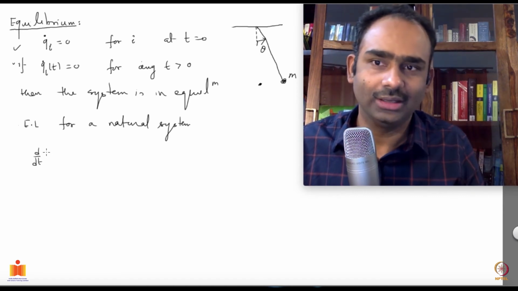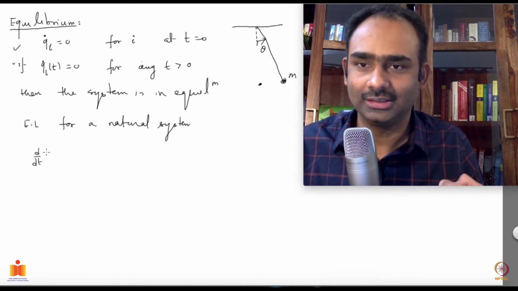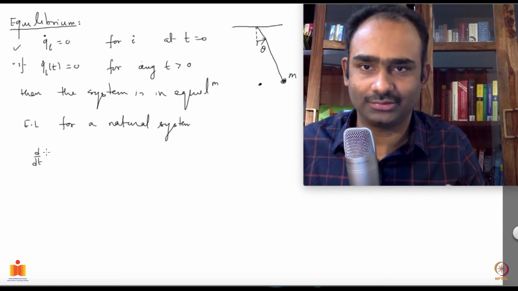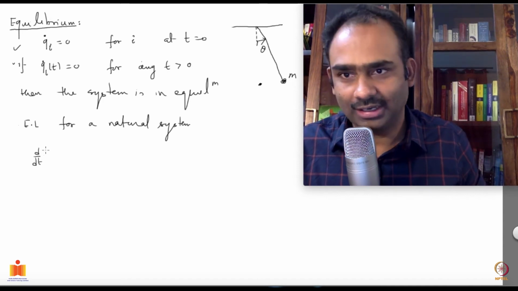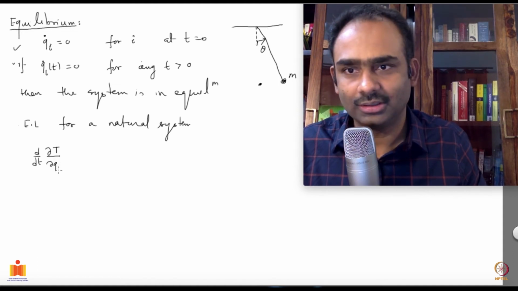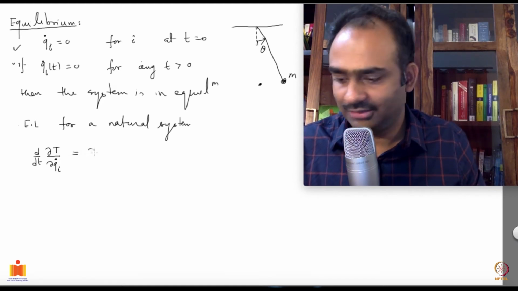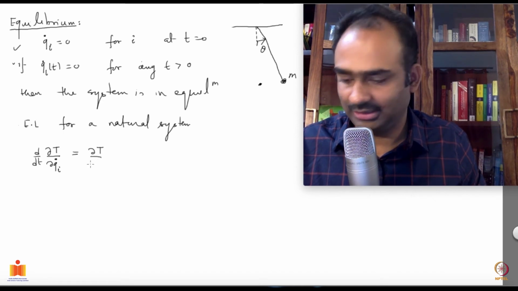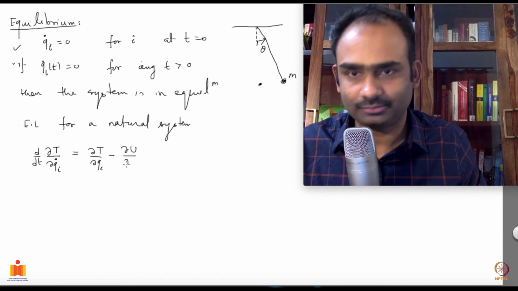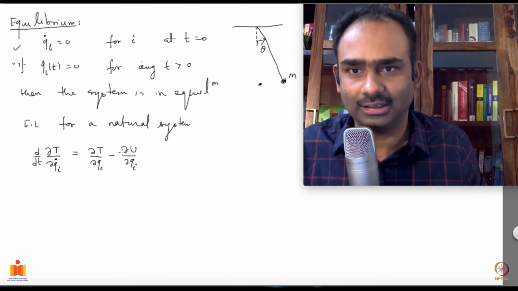But L has a T and a U, and that U does not depend on generalized velocities. That's part of the definition of a natural system. So I have only the kinetic energy term here, and then I have just split the L into T and U and written it down like this. That's your Euler Lagrange equation. If you combine these two, this becomes del L over del q i.